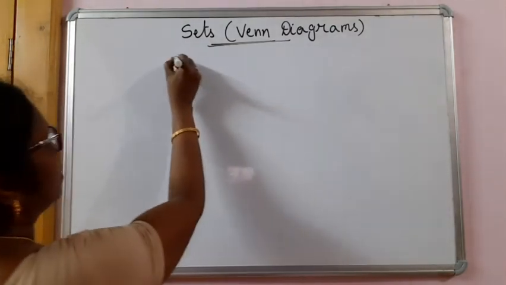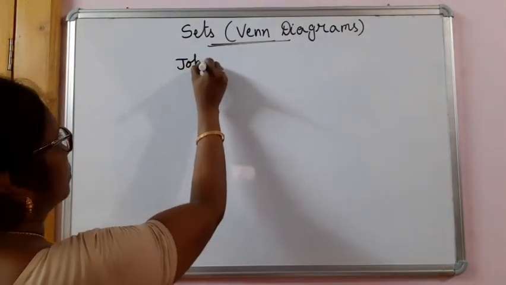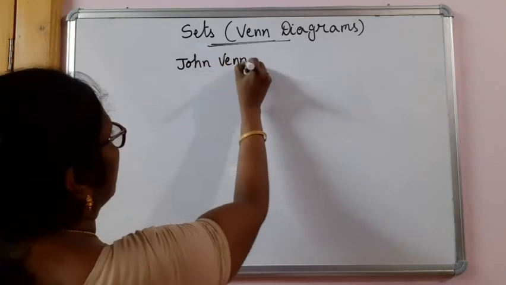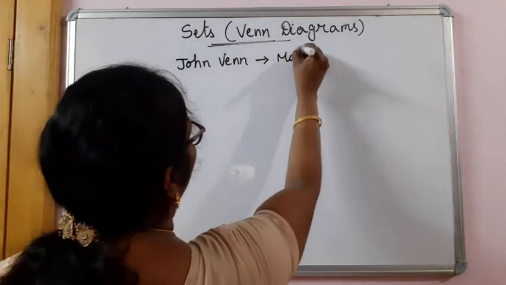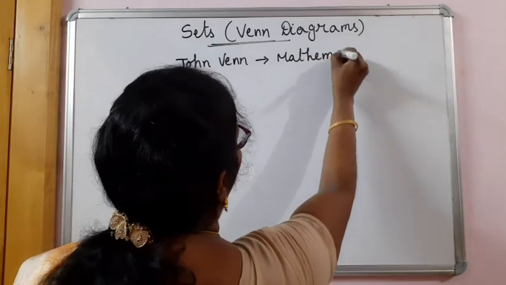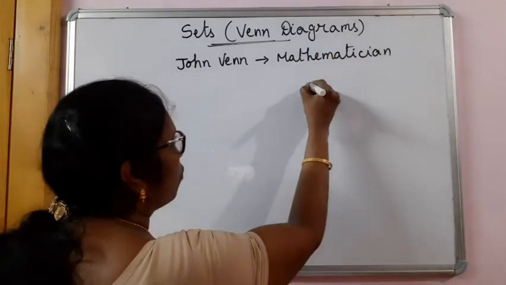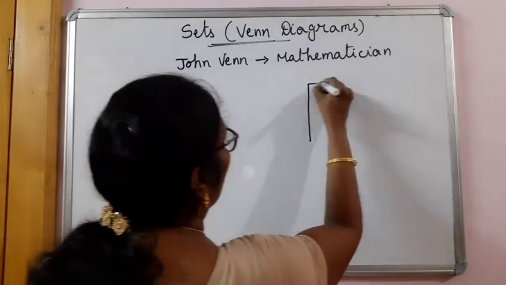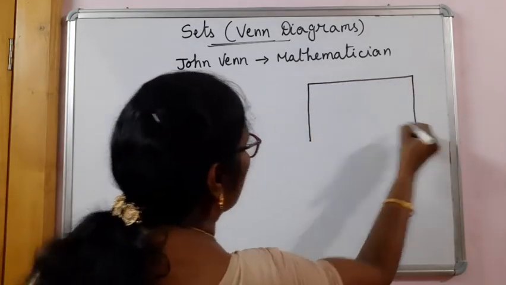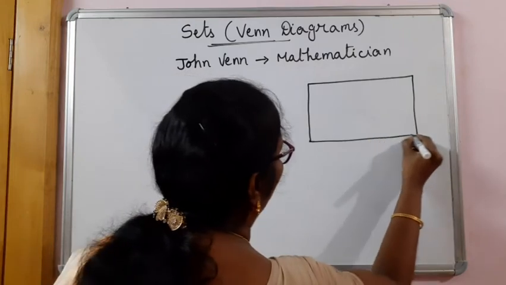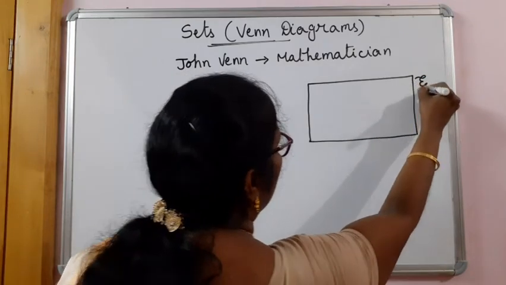John Venn, a mathematician, introduced the Venn diagrams. What he did is, he used rectangles for the universal set.